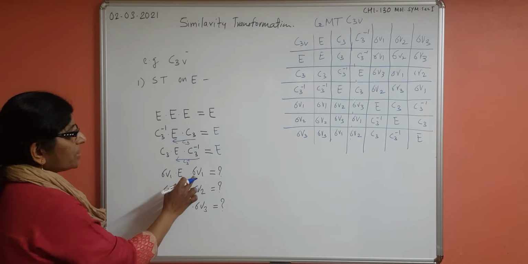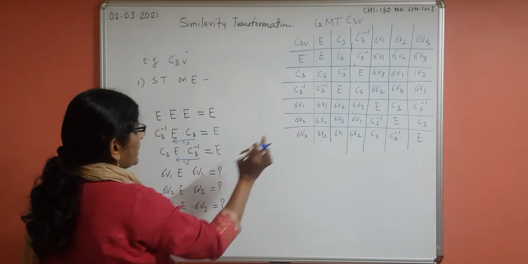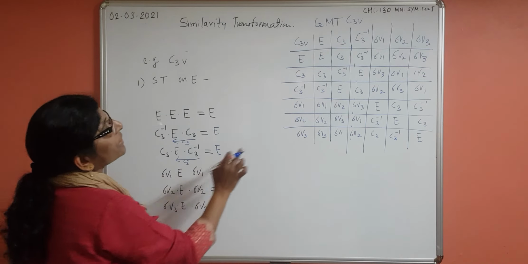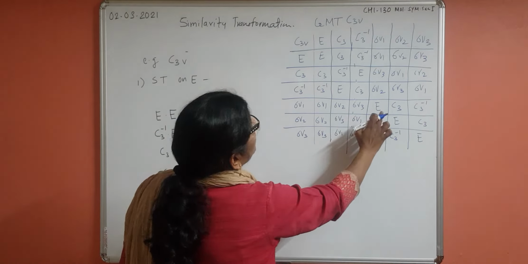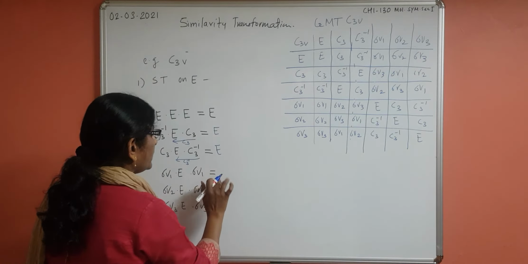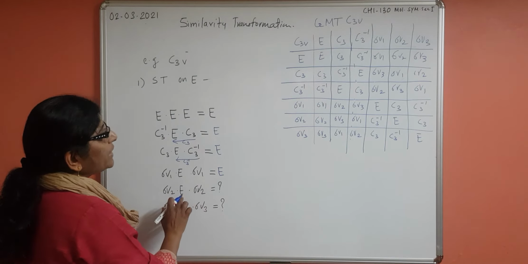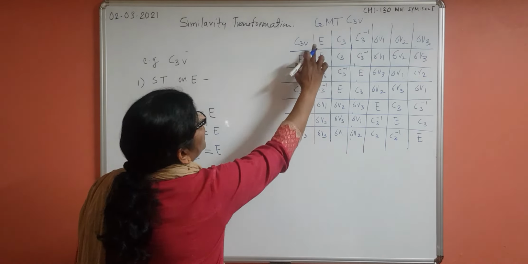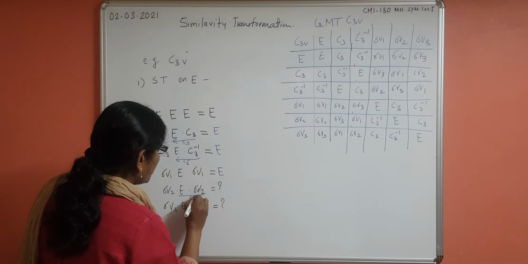Now sigma V1 into identity is sigma V1, and sigma V1 into sigma V1 will be identity. Now sigma V2 into identity is sigma V2, so the answer for this will be sigma V2 itself.